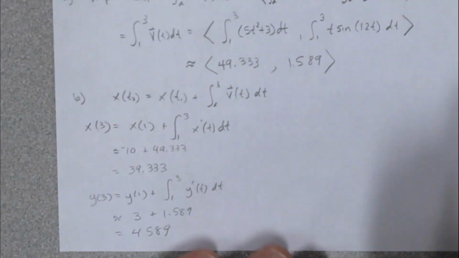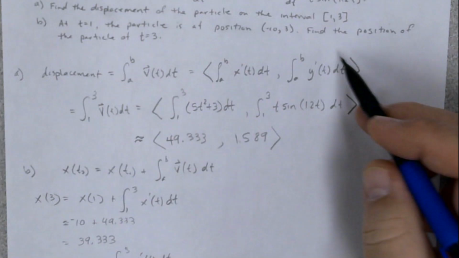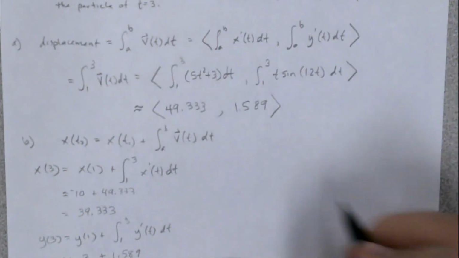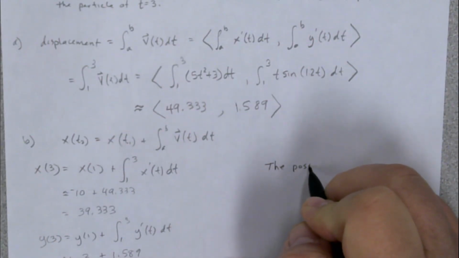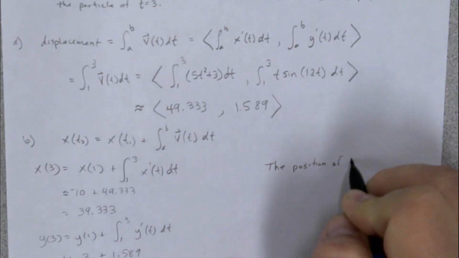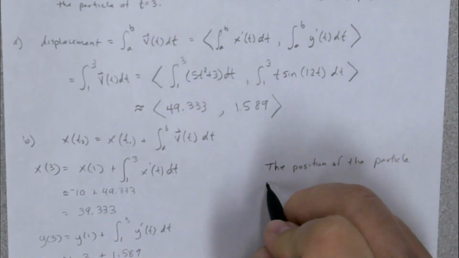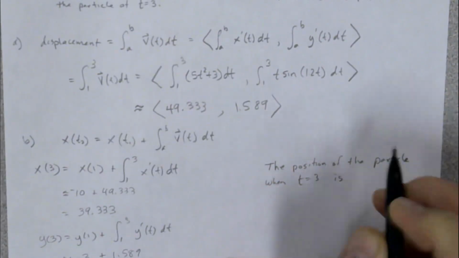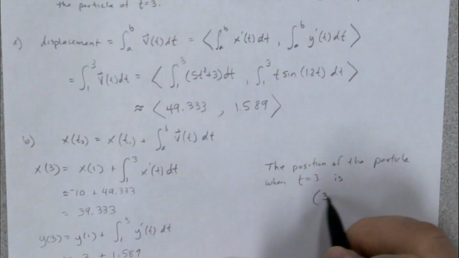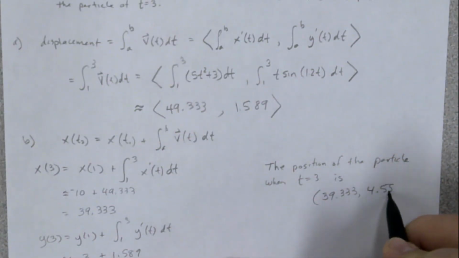Make sure you write it in the proper format at the end by answering the question they asked. Find the position of the particle at t equals 3, and you write it out. The position of the particle when t equals 3 is (39.333, 4.589).